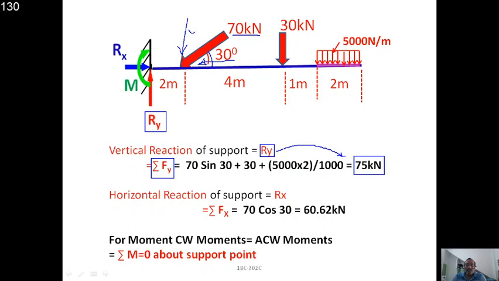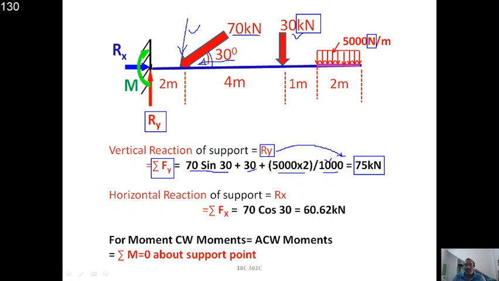Therefore the vertical component is 70 sine 30, plus the other load of 30 which is vertical, and the UDL, already discussed, is 5000 into 2 divided by 1000, because it is in newtons whereas these are all in kilonewtons. Hence, dividing by 1000 converts it into kilonewtons.